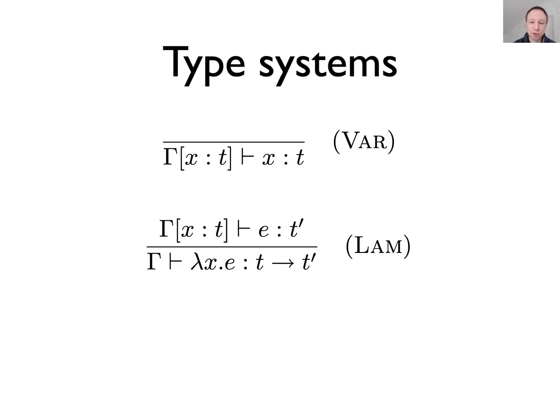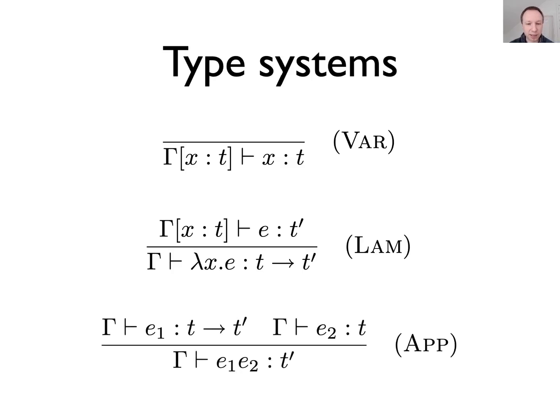The lambda abstraction here, we're saying given that x has type t in our gamma and E has type t prime, then our lambda abstraction, lambda x.e, has type t to t prime. Obviously, it's taking an x of type t and producing a result of type t prime.